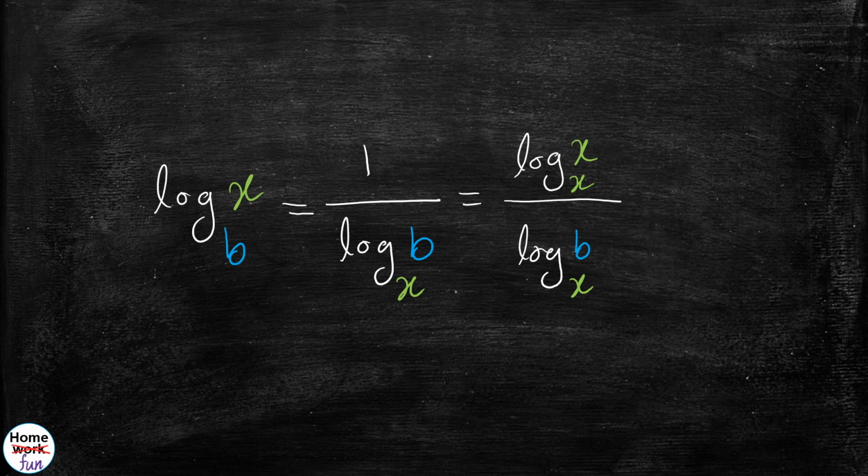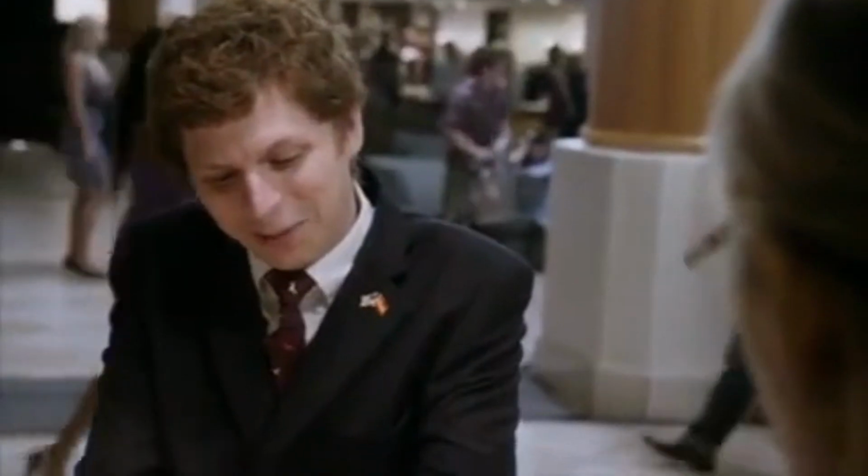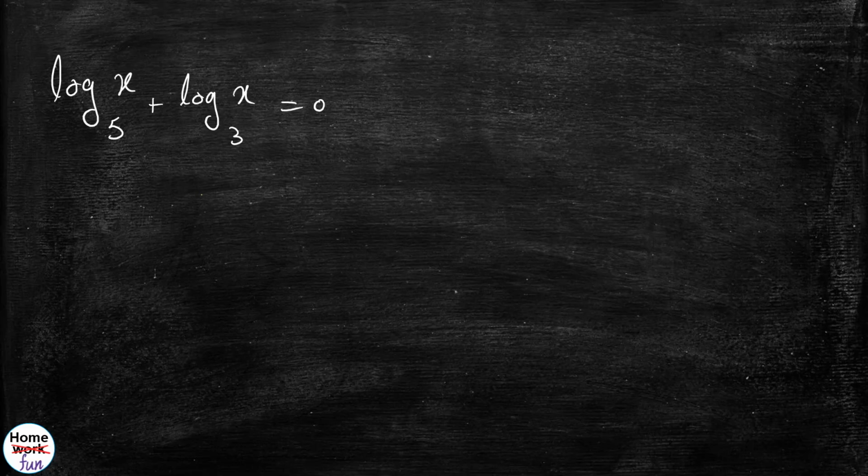Let's see an example. Find x. First of all, we know what's in front of the log, that is x, must be greater than 0, and that's the case always. So just have that in mind. Sometimes you find an answer for x, and if it does not satisfy this rule of log, that what is in front of the log must be greater than 0, you cannot accept that answer.